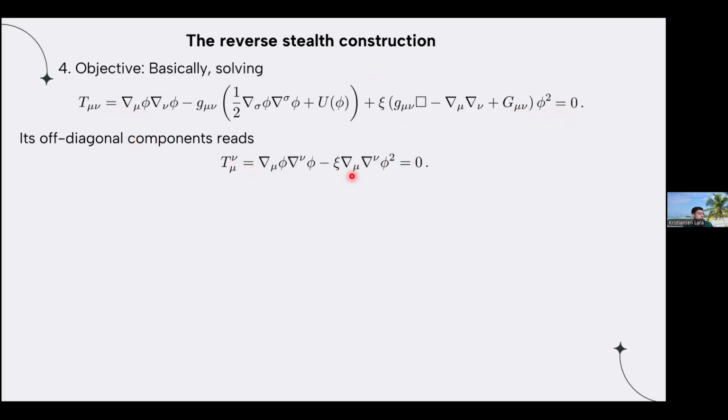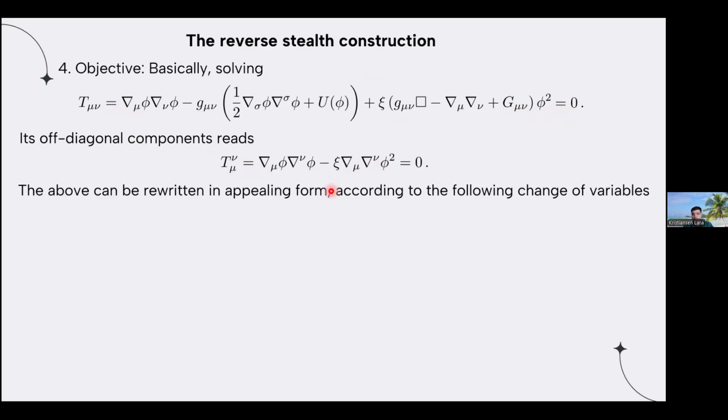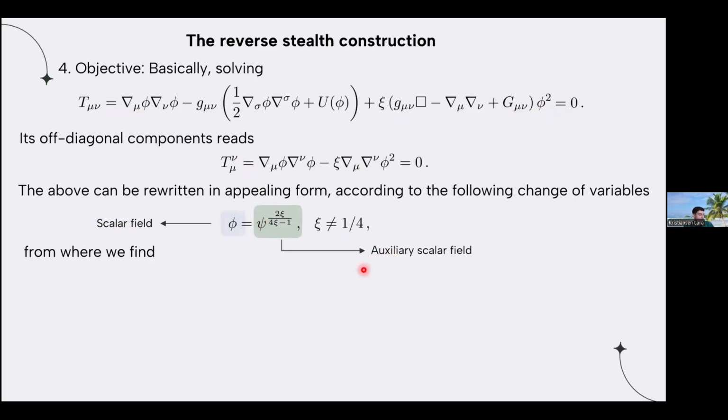However, notice that the above can be rewritten in a simpler form according to the following change of variables like this, where φ, as I was saying, is the scalar field, and just for notation, ψ will be defined as the auxiliary scalar field. And with this redefinition, we find that the off-diagonal components of the energy momentum tensor read like this.